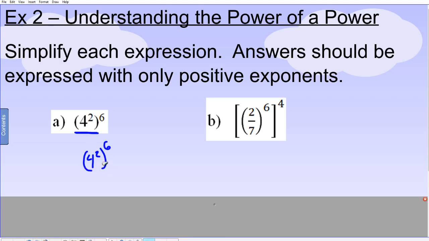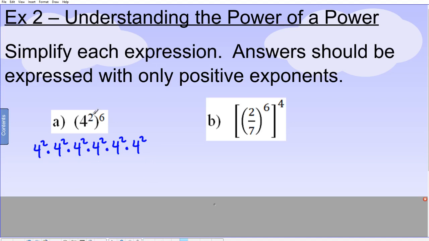So if you think about this, another way we could write this that maybe helps it make sense is that this 4 squared is going to be multiplied by itself 6 times. To save me some writing: 1, 2, 3, 4, 5, 6. So 4 squared to the 6th power is 4 squared multiplied by itself 6 times.